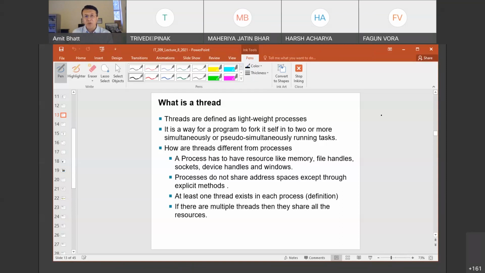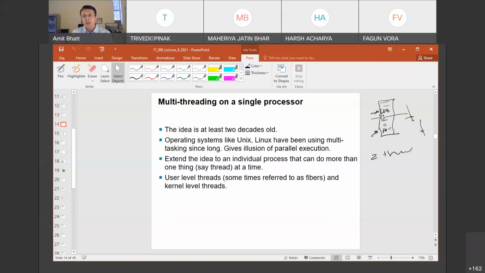Okay, so we talked about threads. We also talked about multi-threading on a single processor, and that also can give us some benefit. Why? Because you break down a program into a number of threads. Now suppose one particular thread is stuck somewhere because of a resource crunch.